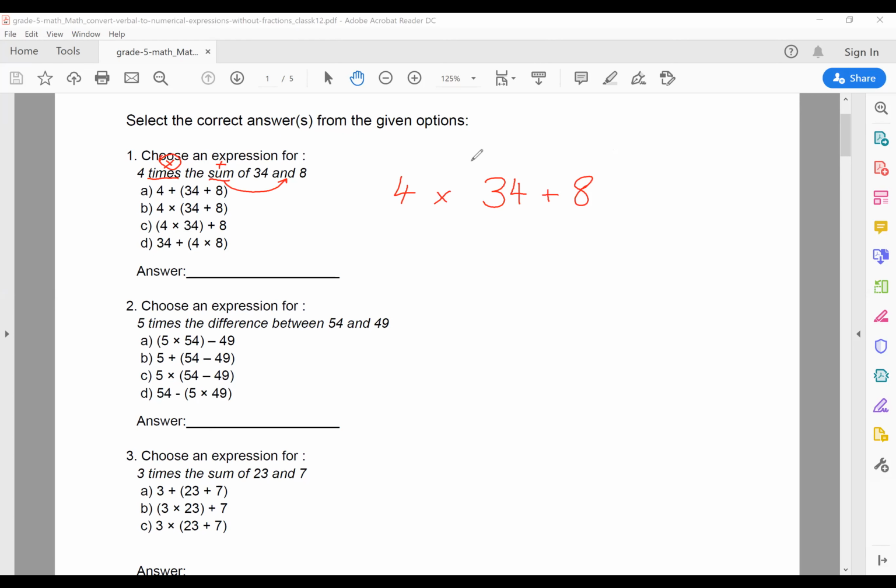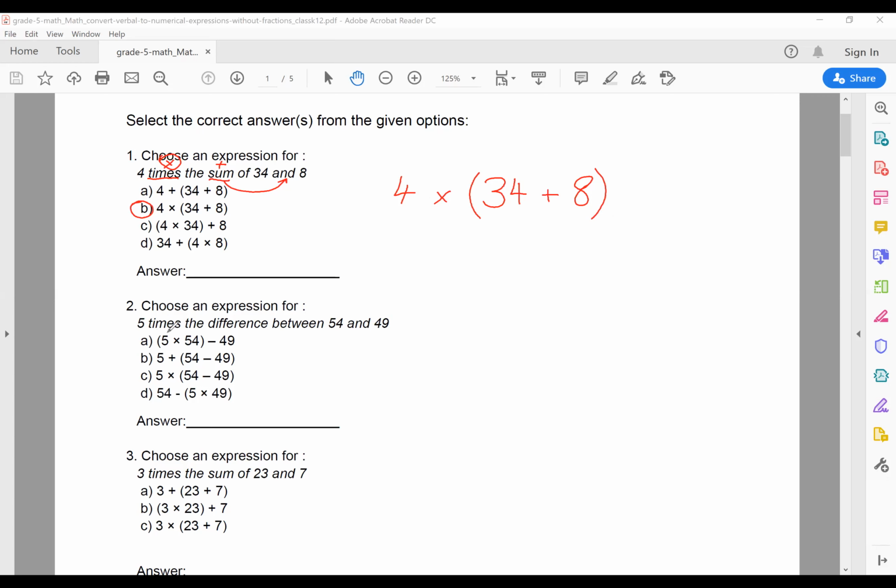If I didn't put parentheses around 34 and 8, I would definitely start by multiplying the 4 with the 34. However, the question said the sum of 34 and 8. Therefore, I should put a parenthesis around 34 and 8 to show the importance that we should add first. Okay. So in the first question, it would be option B.